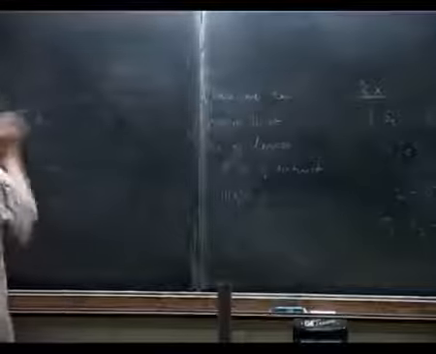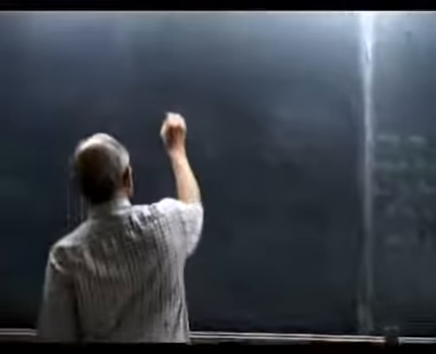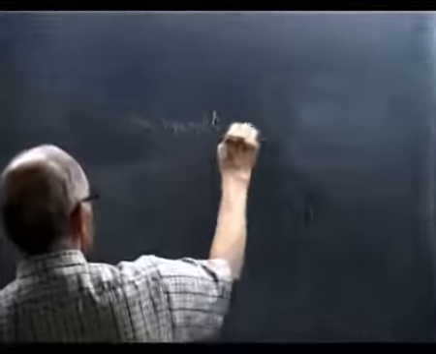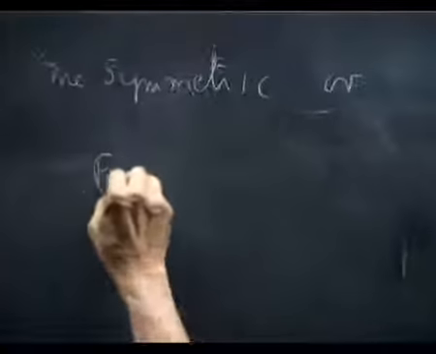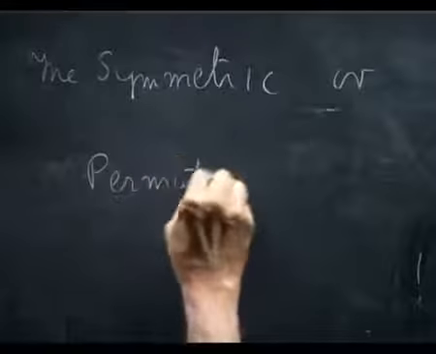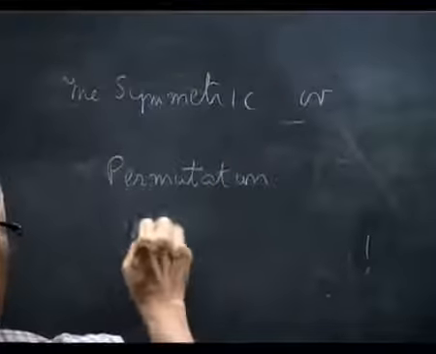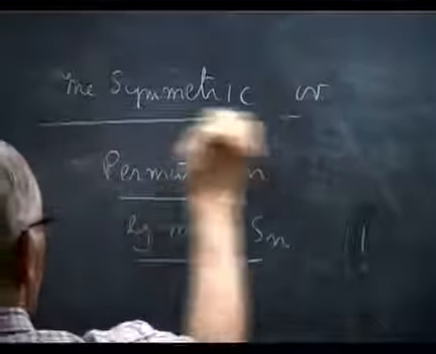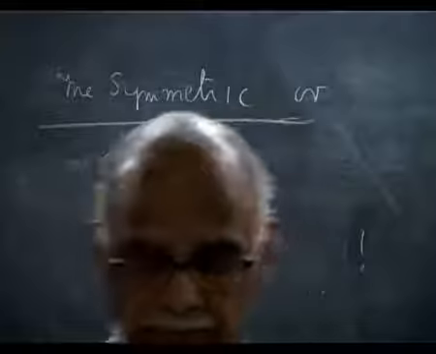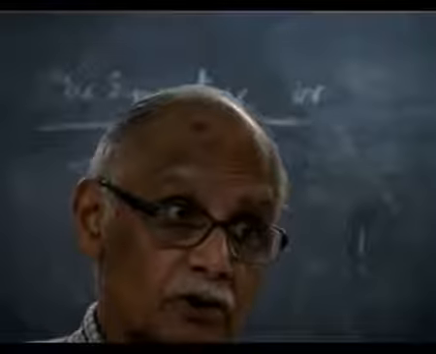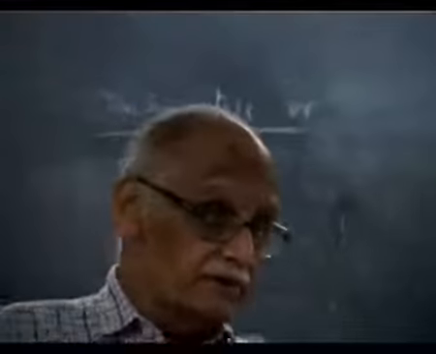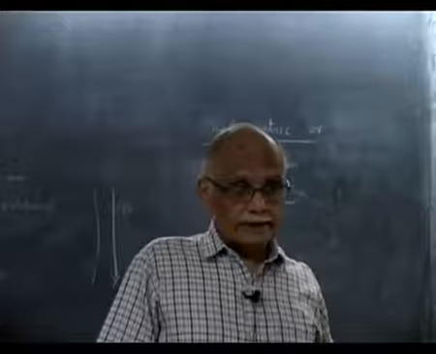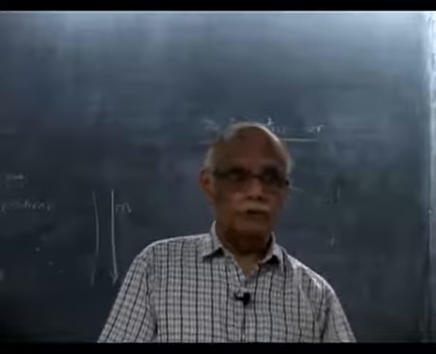So now we want to look at the symmetric or permutation group Sn. This is the only finite group I will discuss, because somehow it contains information on all possible finite groups, since every finite group is a subgroup of Sn, and also it is not possible to go group by group.